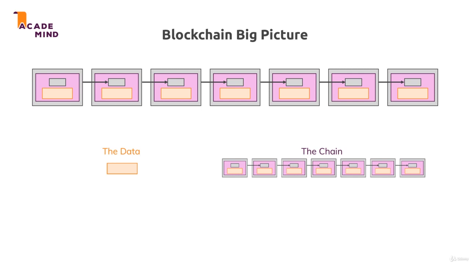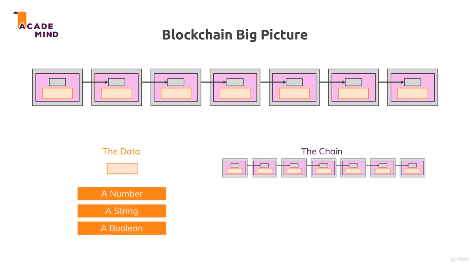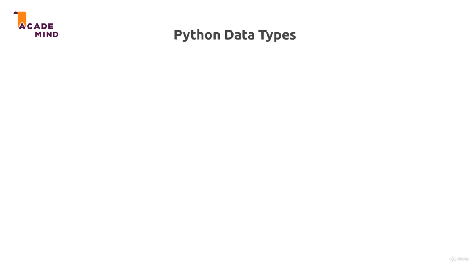And for data, we can basically work with numbers, strings, which is text, or booleans. And we'll have a closer look at what all these data types are in just a second. We also have more complex data structures which we'll have a look at later in this course. Now, the chain in the end is just a list, a special type of data in Python, as you will learn. Now, let's go back to the basic data types: number, string, and boolean.